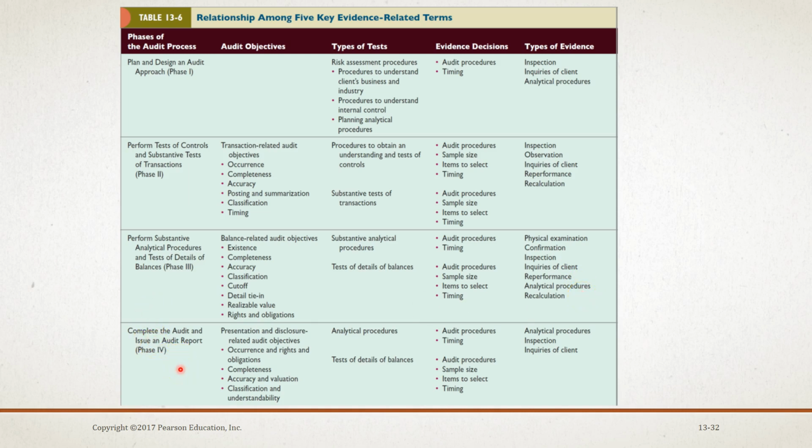Phase 4. Complete the audit and issue an audit report. Presentation and disclosure related objectives: occurrence and rights and obligations, completeness, accuracy and valuation, classification and understandability. What types of tests? Test of details of balances.